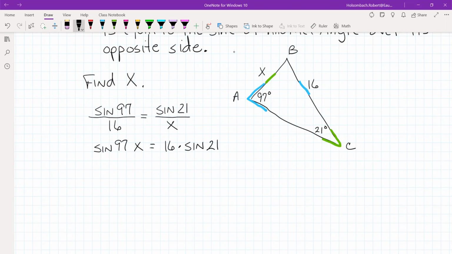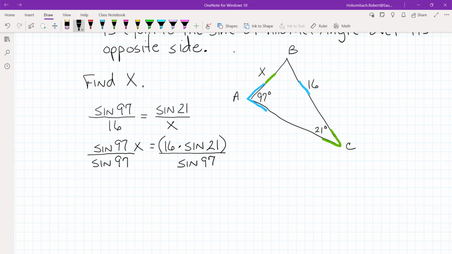So now, keep in mind, our next step here is going to be to divide both sides by sine 97. Make sure that when you take 16 times sine 21, that you either put it in parentheses or you hit the equal sign after that operation. And then hit divided by sine 97. Okay? So everybody set your calculator.